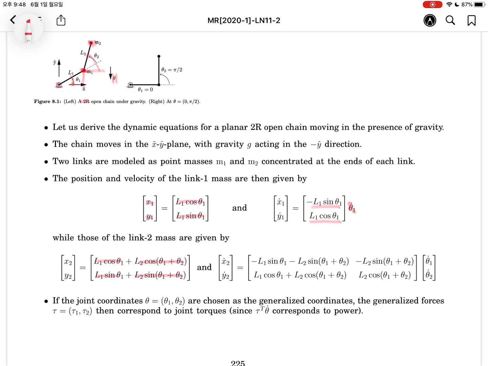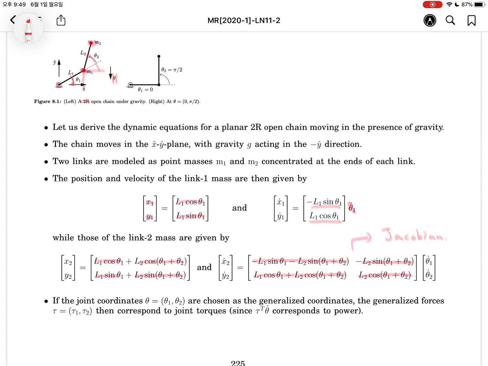If you take the time derivative, then you have the terms. If you collect the terms related to theta 1 dot, you have the first 1 by 1 element and 1 by 2 element related to theta 2 dot, and then terms related to theta 1 dot and theta 2 dot. Actually, this is called the Jacobian. Is it right?